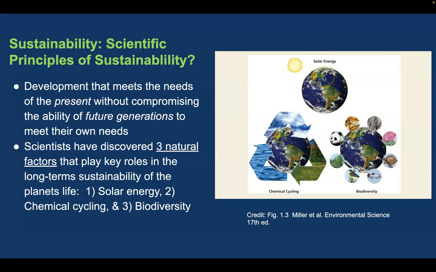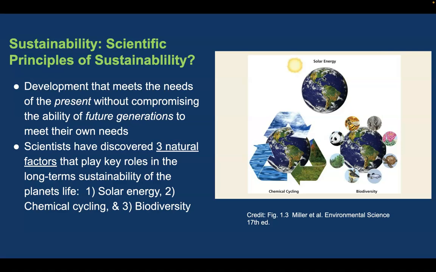It's pretty easy to see how solar energy plays into sustainability, because solar energy is responsible for providing the right temperature for life on Earth, right? It's not too hot, it's not too cold, it provides the right climate.